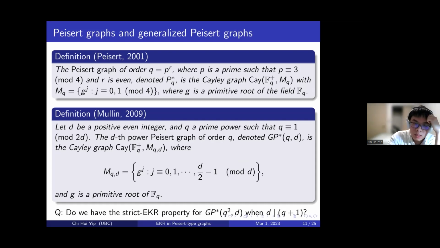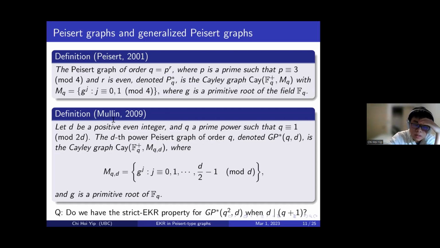So this is the definition of this power Peisert graph, first introduced by Moulin. The connection set is just g to the power j, where j is congruent to 0, 1 up to d over 2 minus 1 modulo d. And when d is equal to 4, we just get the Peisert graph. And when d is equal to 2, we get back to the Paley graph. So again, this shows that Peisert graphs are very similar to Paley graphs.